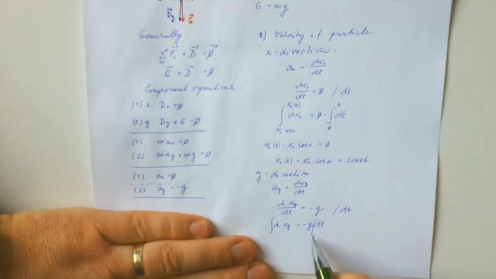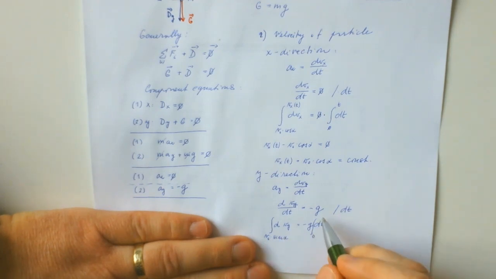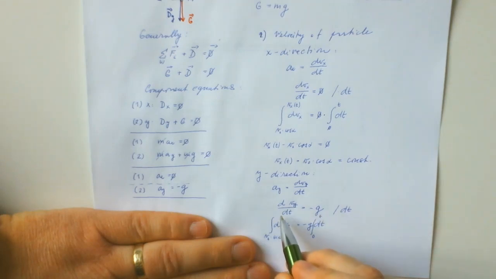When time was 0, the initial velocity was v0 by sine alpha, and at an instant time there is an instant velocity.